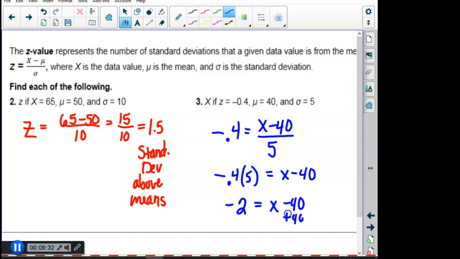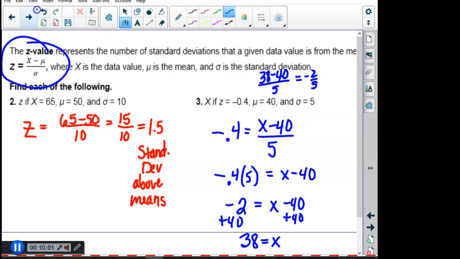So then if we add 40, we get 38. Let me think about that. 38 minus 40 would be negative 2. Divided by 5 would be negative 0.4. Yep, I was just checking it by pulling it back in. All right. So those are just using this formula forward and backward. Little extra review there.